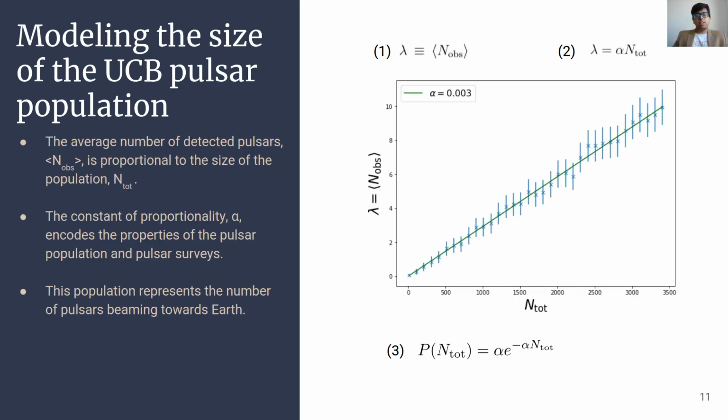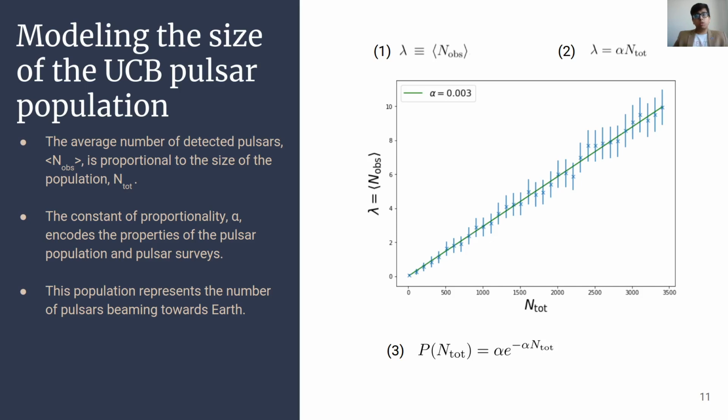So once we do this analysis, a really strong trend begins to emerge in that the average number of detected pulsars, quantified here by lambda in equation 1, turns out to be directly proportional to the size of the population that we generate. So lambda is directly proportional to n total, where the constant of proportionality alpha, as shown in equation 2, is the one that encodes the properties of the pulsar population and the pulsar surveys that are being carried out to detect these pulsars.